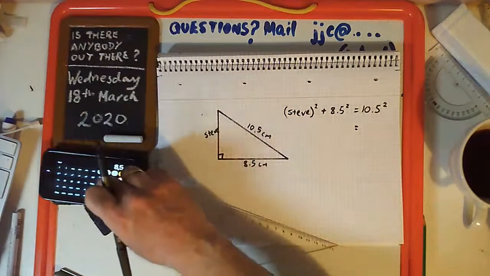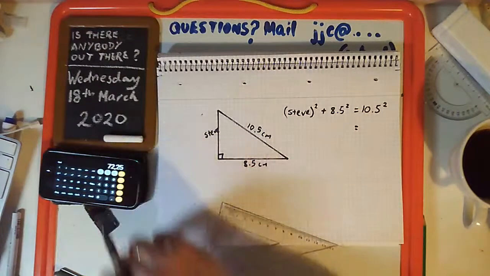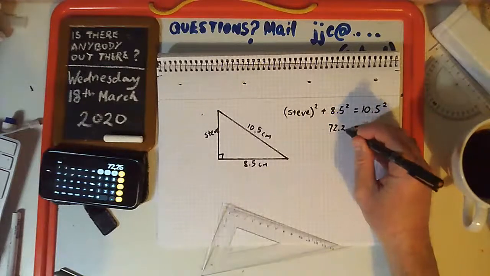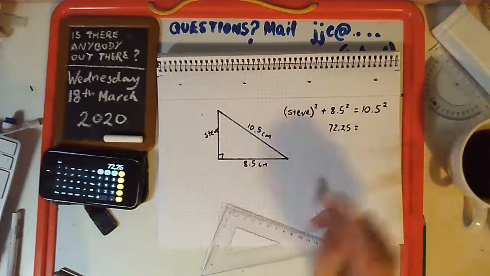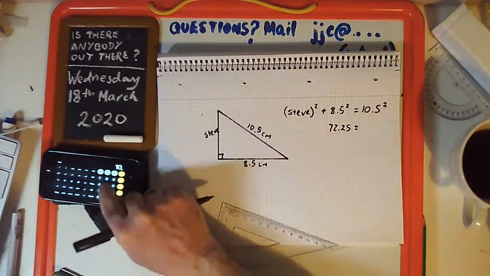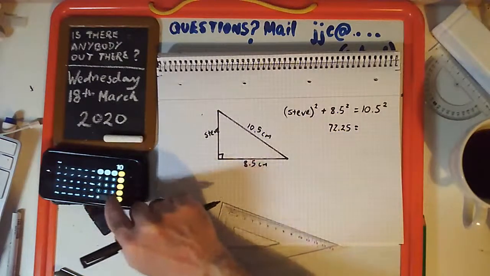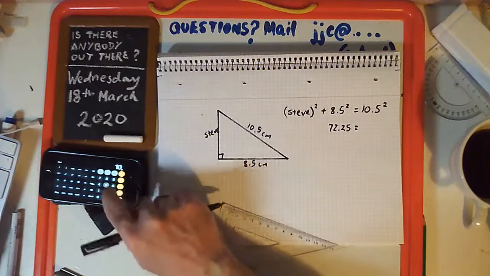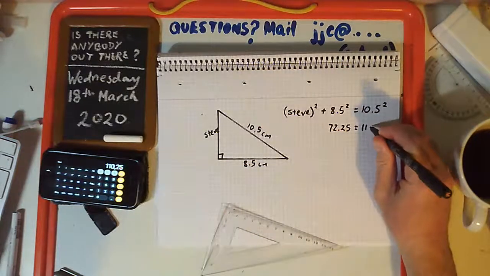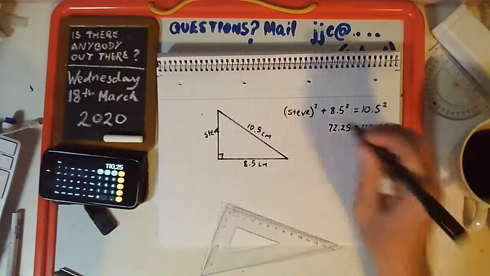8.5 squared: 72.25 is 8.5 times 8.5. And then 10.5 squared, 10.5 times 10.5 is 110.25.